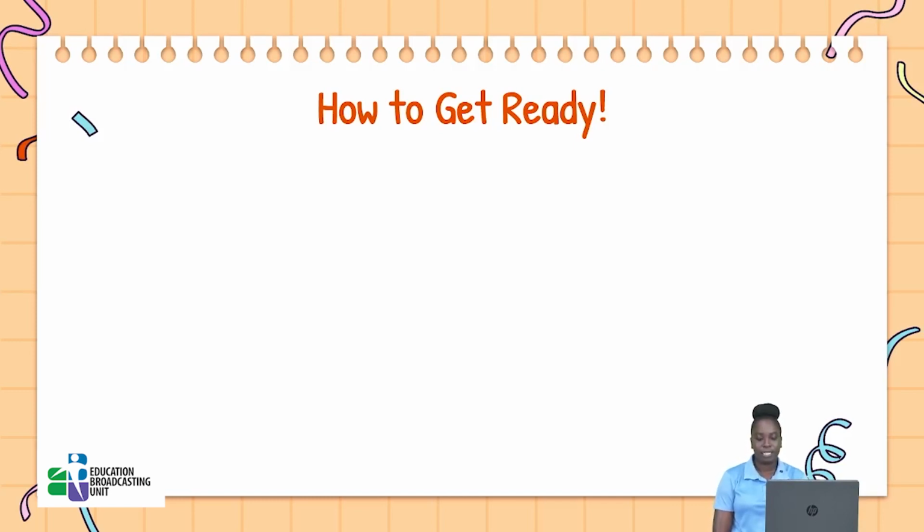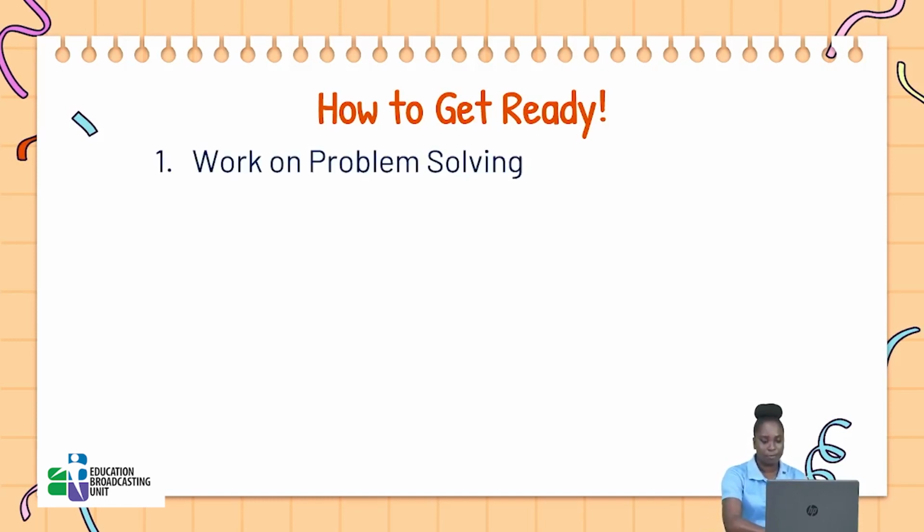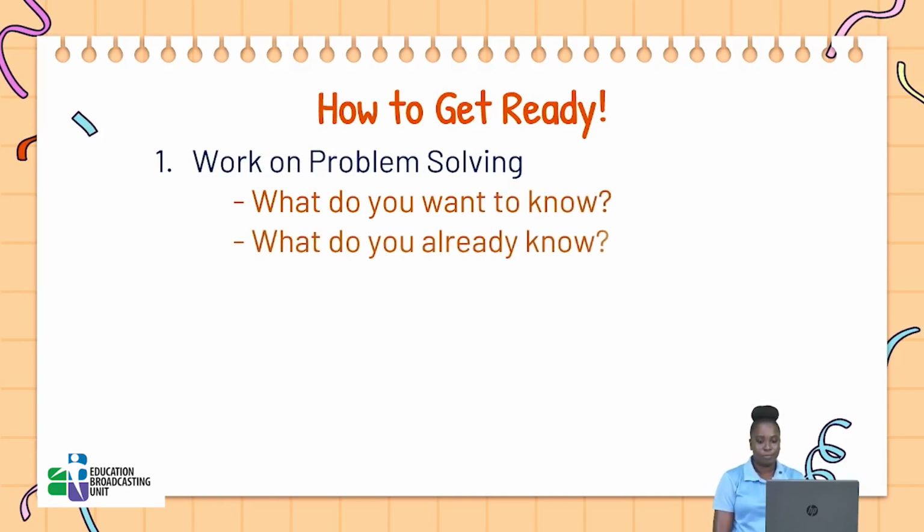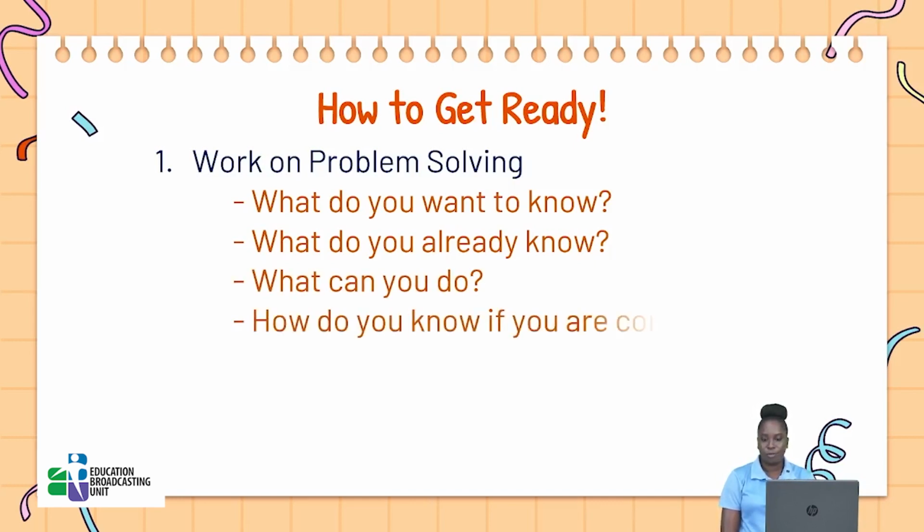To be successful on this paper, it is important to work on problem solving. The steps to problem solving include asking yourself, What do you want to know? What do you already know? What can you do? And how do you know if you are correct?